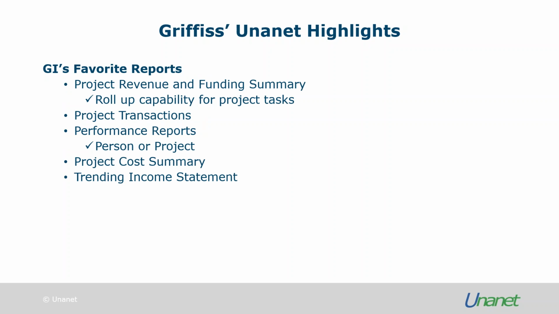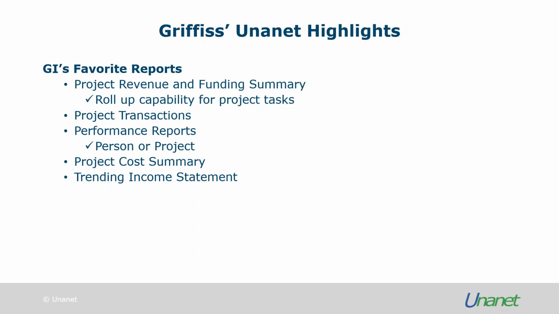Our favorite reports. The project revenue and funding summary is by far our favorite report. Our customers love it. It tells them exactly where we are on the project. It rounds everything up. You can have budget and funded. So at the beginning of the year, we plan to a budget, but they may not fund it all at the same time.